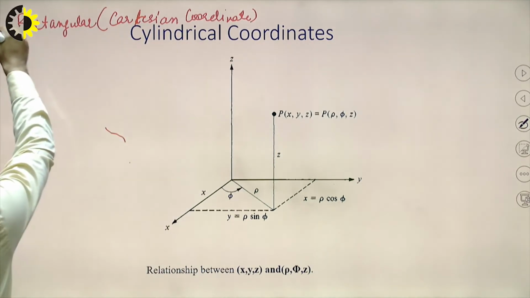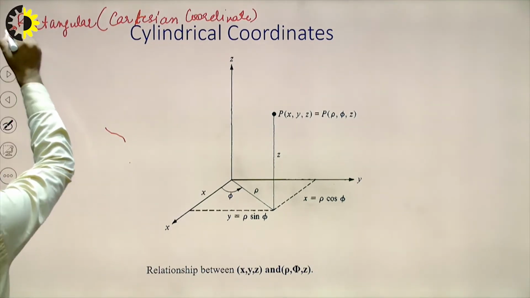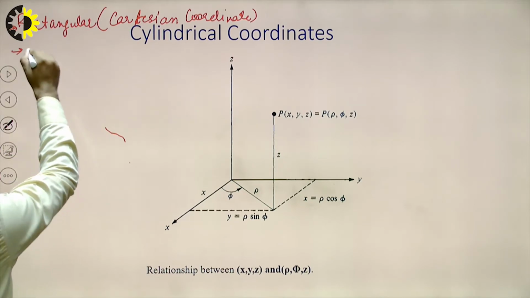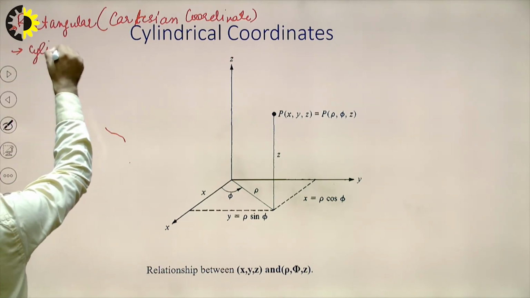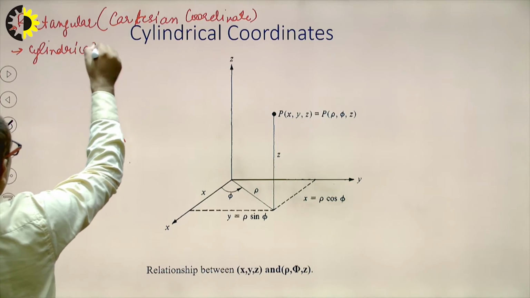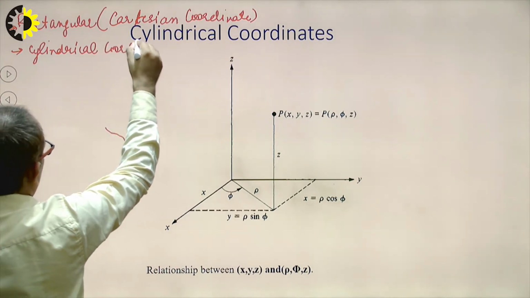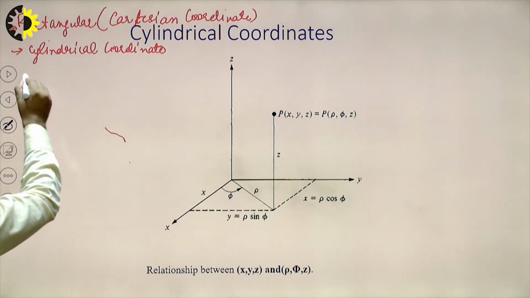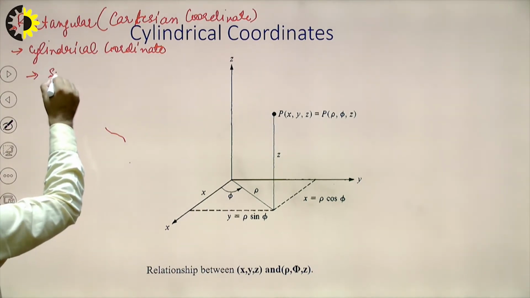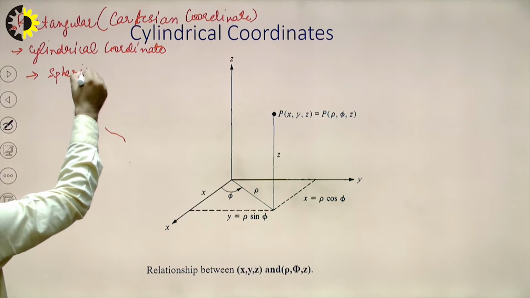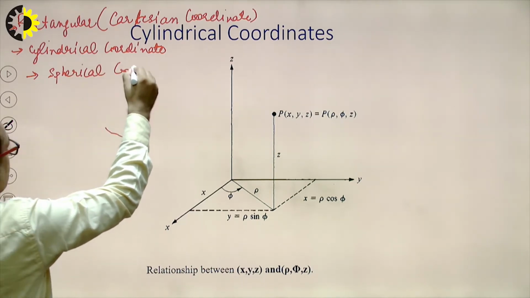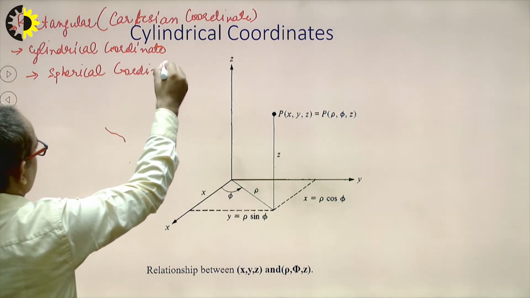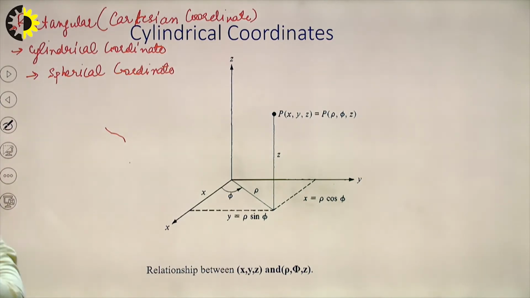Another coordinate system which we will study today is the cylindrical coordinate system. And today we will also study the next coordinate system, that will be the spherical coordinate system. Clear?